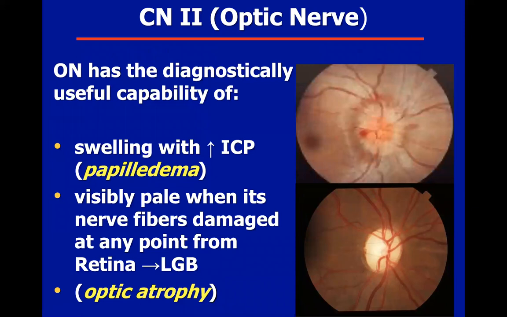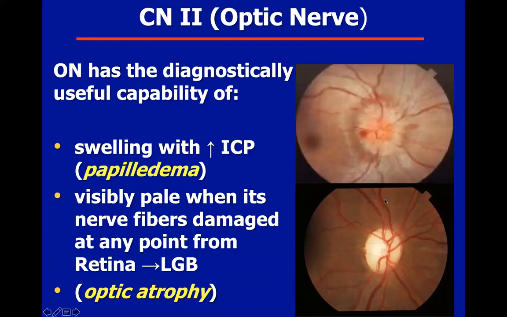If we talk about the optic nerve, there are two important things for you to know as a medical student, and later when you become an intern, even if you don't go into ophthalmology. You have to know the term papilloedema, and you have to know the term optic atrophy. You can see the difference between these two.